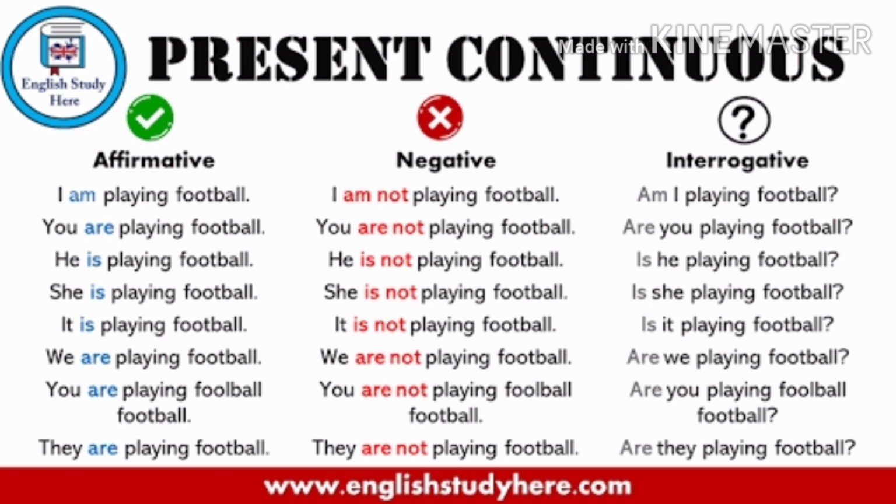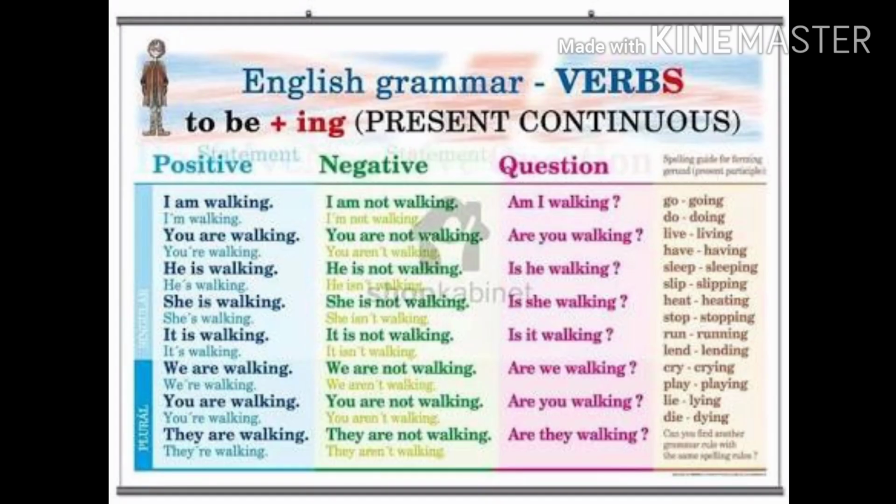This is where also we use present continuous tense, right? For example, he is working in an MNC. He is working in an MNC means maybe he is not working at the time of speaking, but here we have to use present continuous tense to talk about this particular action.